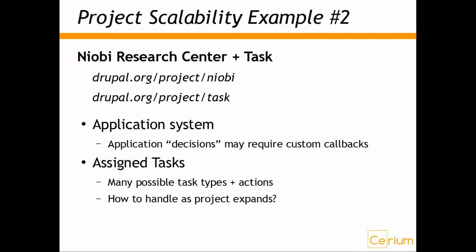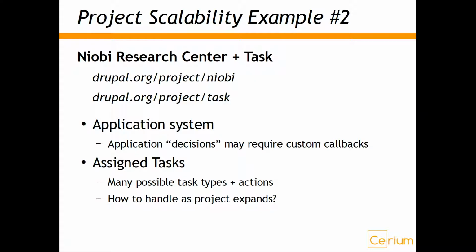Case number two is Niobe Research Center. This is research-related software, so reporting, labs, and again, onboarding for grad students, because I remember as a grad student myself, you come in totally clueless. Along with that is a module we recently became maintainers of, the task module, so you can assign tasks to people.